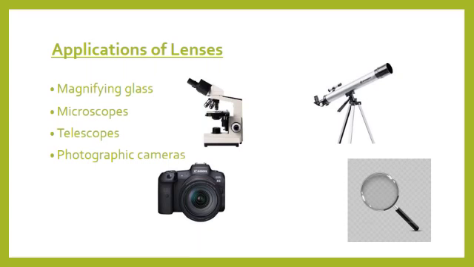A microscope, you know, is a device used to see small or microscopic objects which cannot be seen with our naked eyes. Lenses are also used in telescopes, which are used to see heavenly bodies very far away from us, and in photographic cameras to take pictures of our loved ones and our surroundings. So these are the applications of lenses.